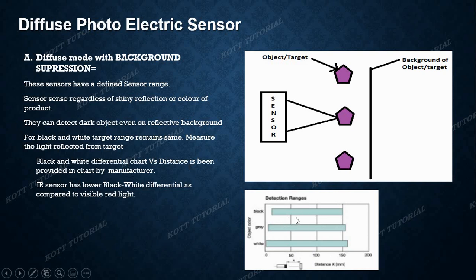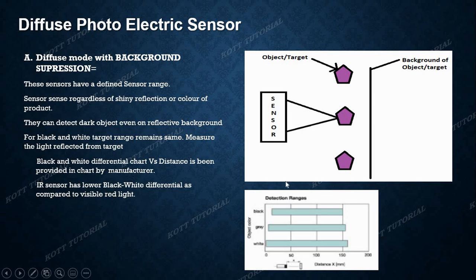So this is the main difference between a standard photoelectric sensor and the diffuse mode with background suppression sensor. In this we are having an IR sensor also with very low black and white differentiation as compared to visible red light.